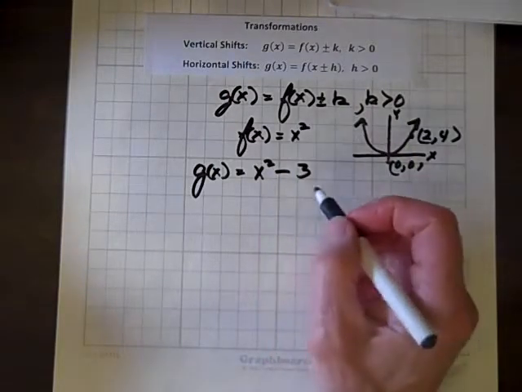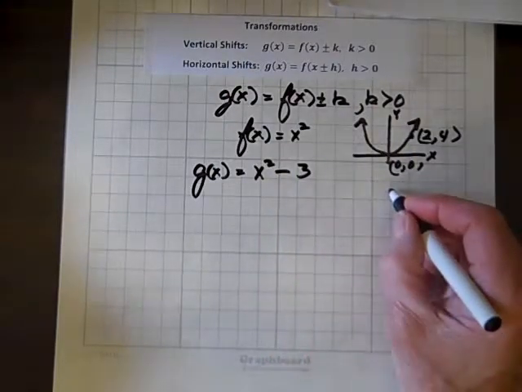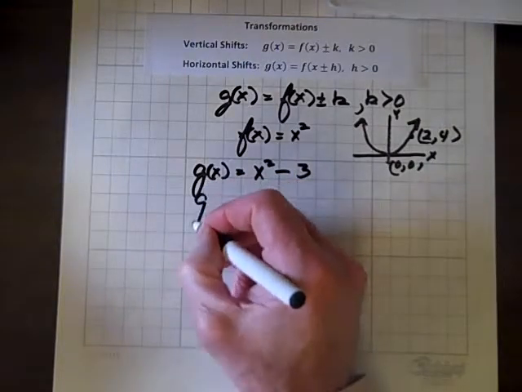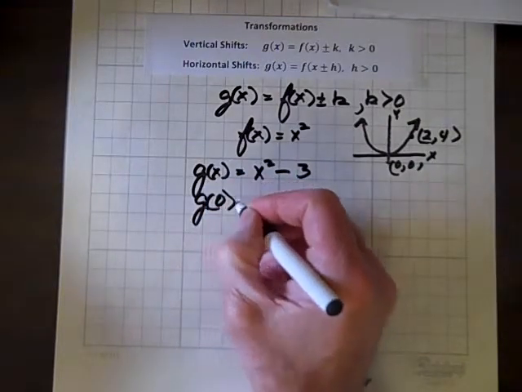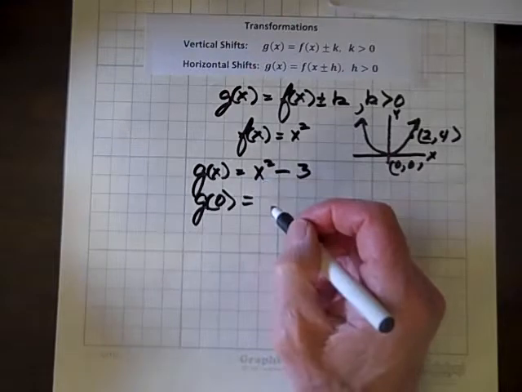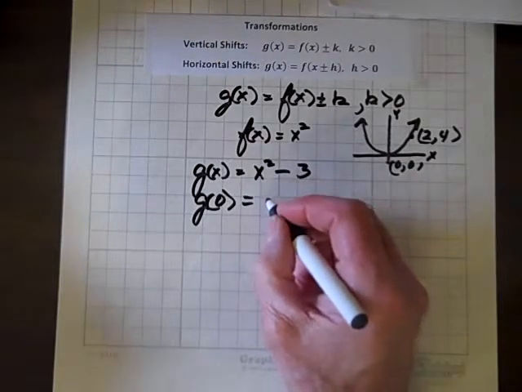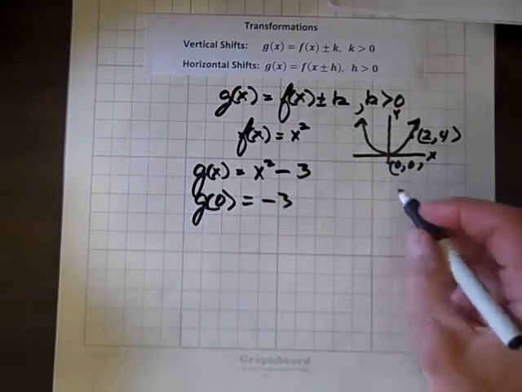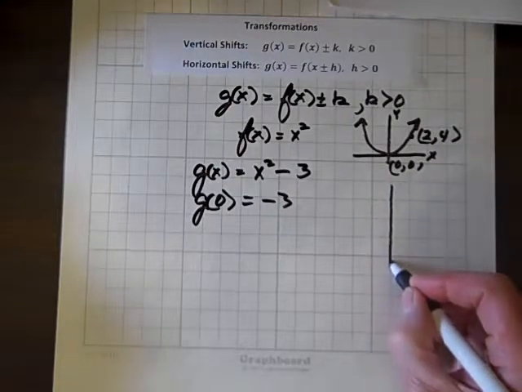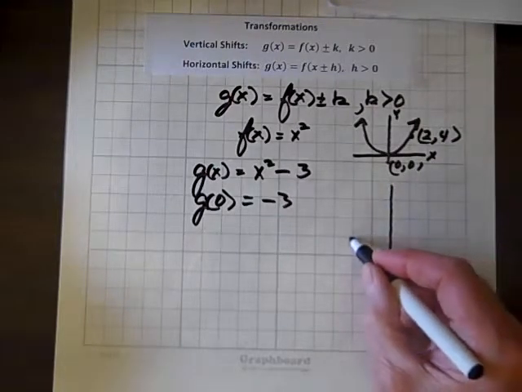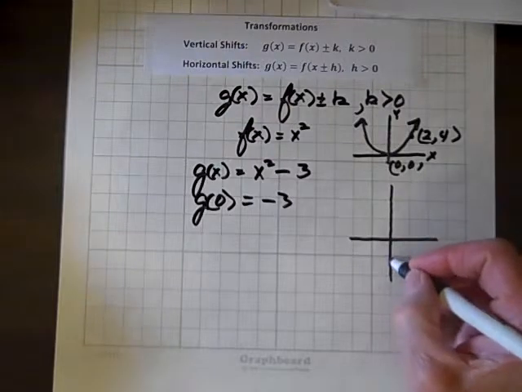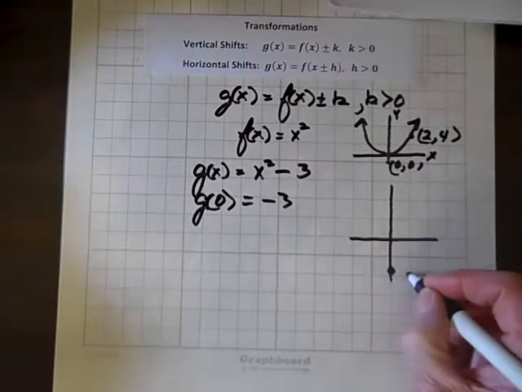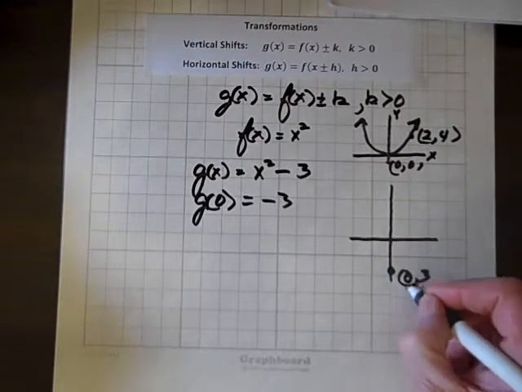Now let's graph this. G of 0, we'll find the y-intercept. G of 0, replacing x with 0, we just get 0. 0 minus 3 is minus 3. So we can graph this thing. And we'll go down 3 units. 0, negative 3.